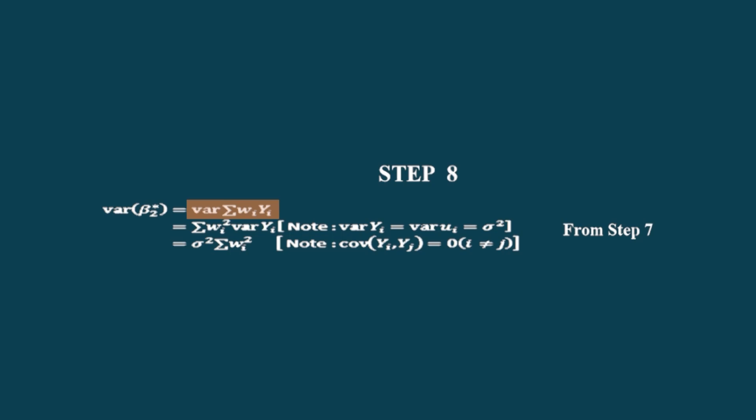After that, we are left with the expression sigma square summation of wi square. Whenever I write sigma square summation of wi square, I am basically decomposing the expression of wi in such a manner that it takes the form of a plus b whole square, so that we can get a square plus b square as separate components, and the 2ab component boils down to 0 because the error terms are not correlated with each other.